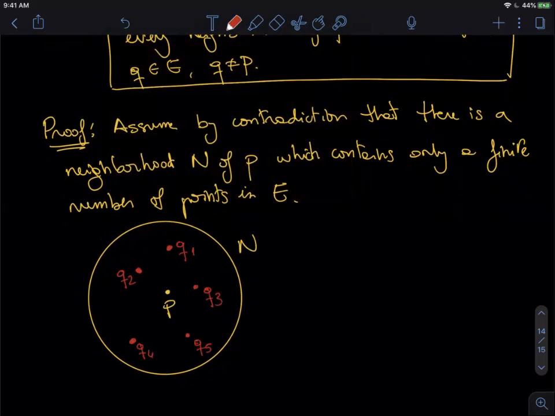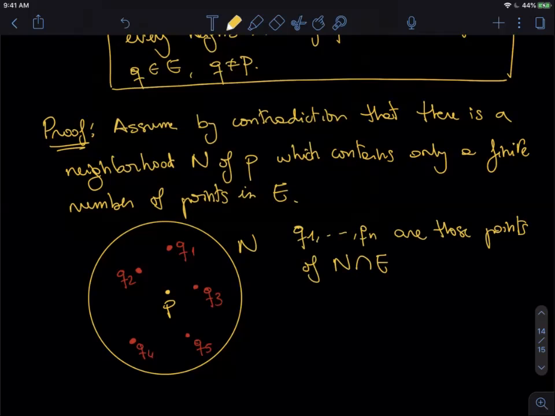Like that should be enough. Let's say these Q1 through Qn are those points of the intersection of N with E which are different from P.